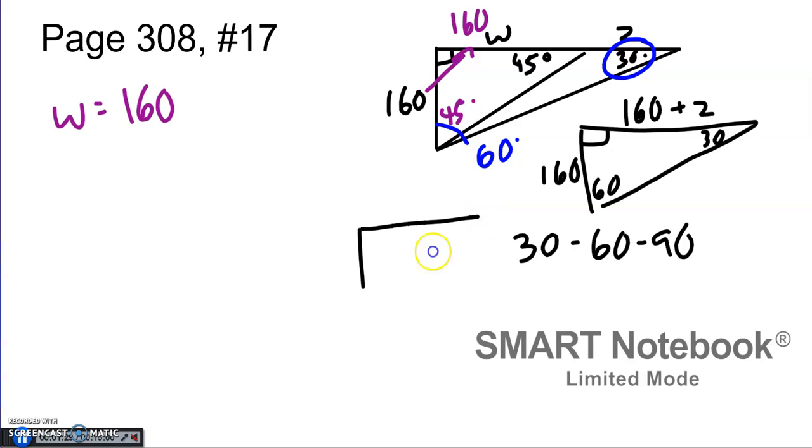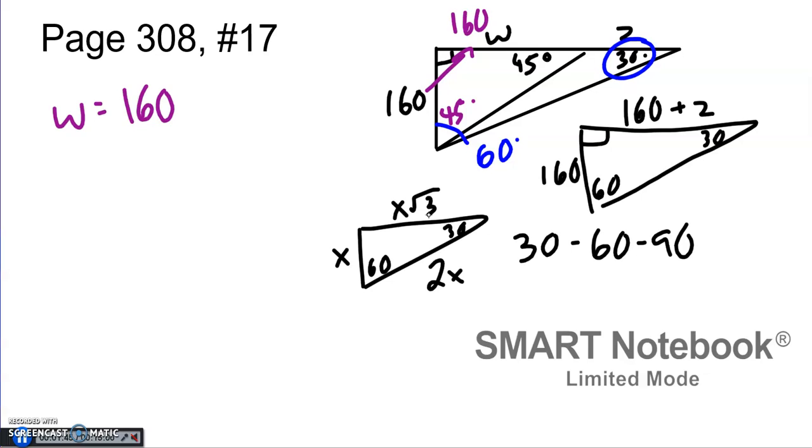So if I draw it again, so we have a 60 by 30, so it's going to be 2x, the shorter leg is x, and this is x root 3.